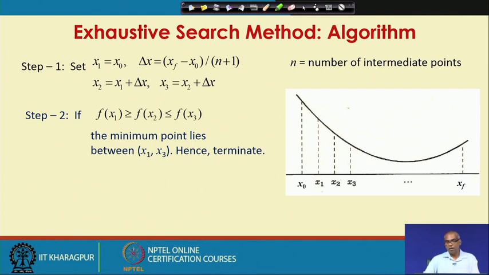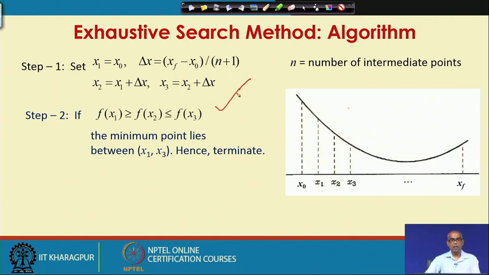Step 2, look at the values of the objective function in these 3 points x1, x2 and x3. If it happens that f(x1) is greater or equal to f(x2), which is less or equal to f(x3), then the minimum point lies between x1 and x3.